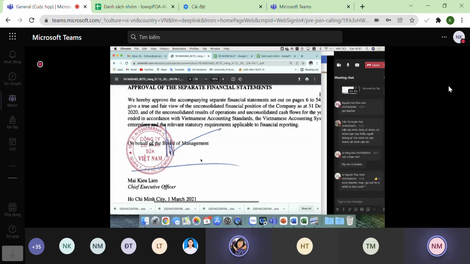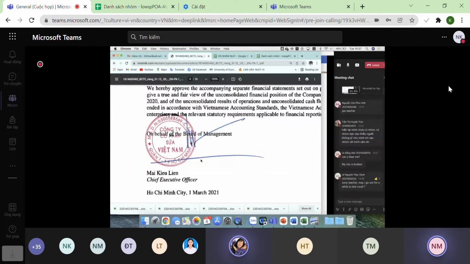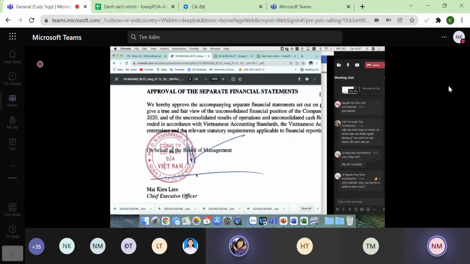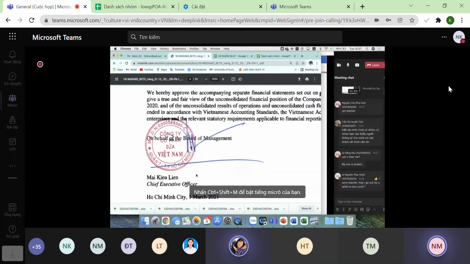And we need the signatures and stamp as the approval of the auditors, right? Based on this, the external user can trust the financial statements that the company provides. If not, the confidence is very low, right?